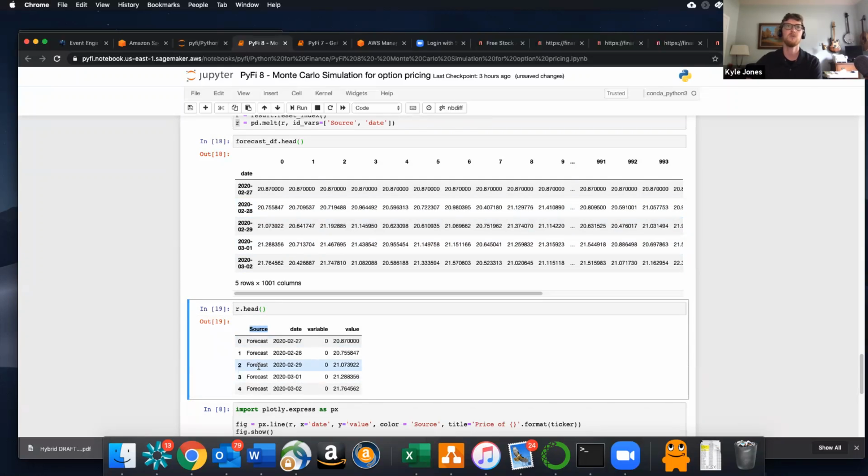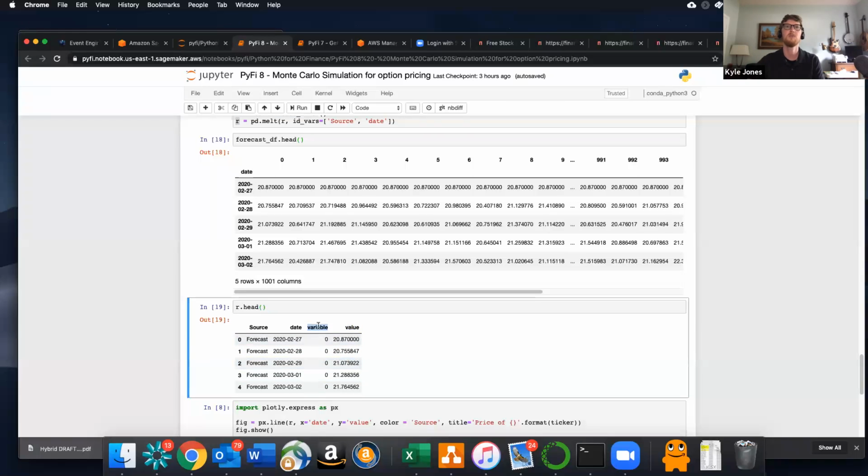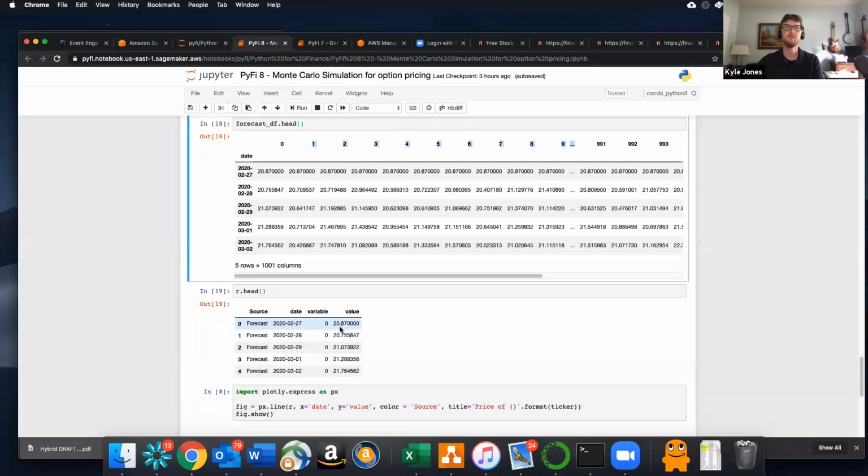I just like to do that so it's easy for me to keep track of the two. Then we have dates. Variable should be actually 0 for everything. And the value is the predicted value at that time. Oh, no, variable is going to be these, so each of the runs.